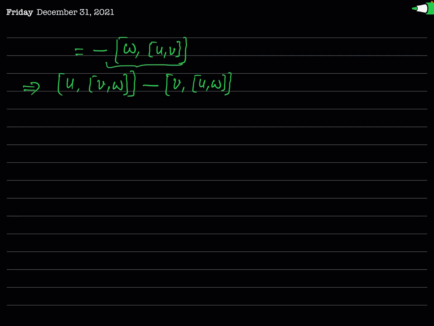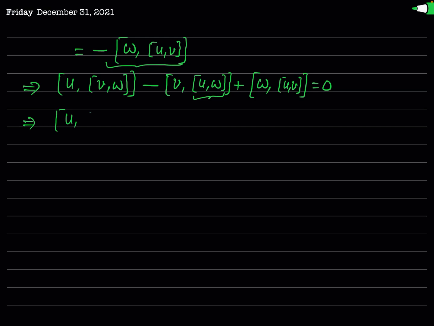And when you take this term from RHS to LHS, this will be plus Poisson bracket of w with Poisson bracket of u and v, and this will be equal to 0. But this minus sign will become plus if you interchange the order of the dynamical variables inside this Poisson bracket.